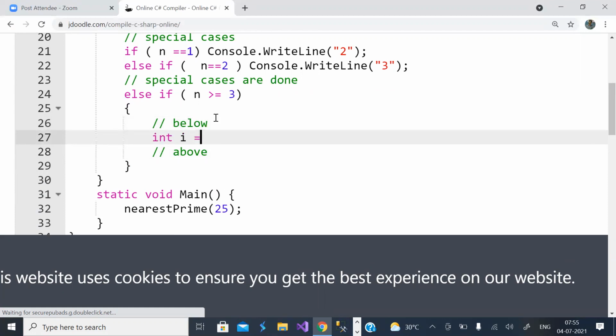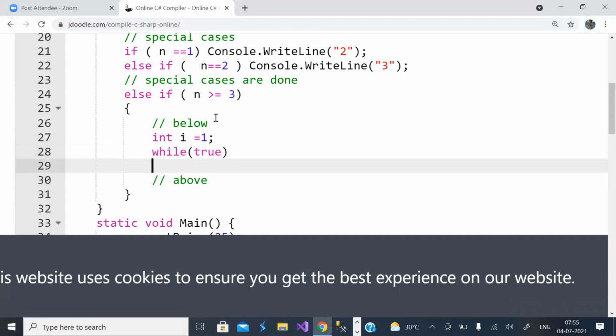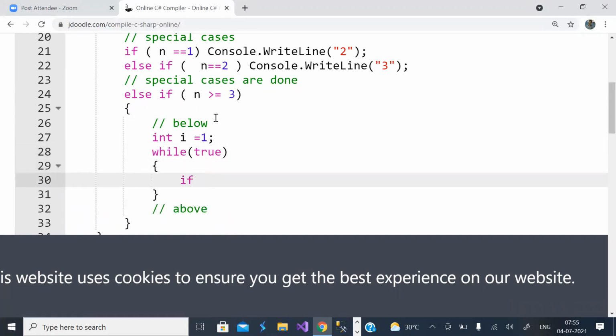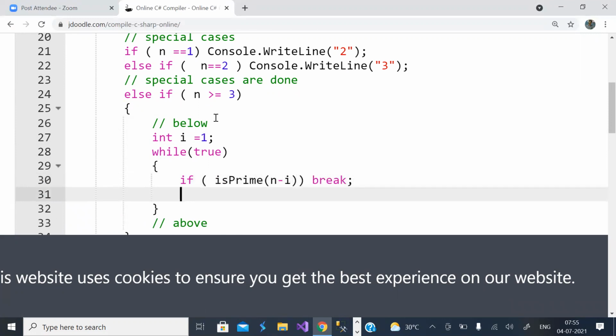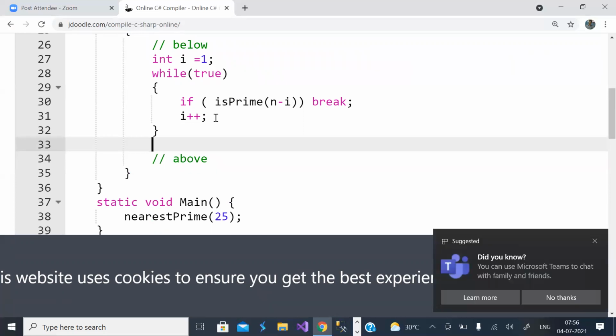Take i equal to 1. Enter into some infinite loop. Check if n minus i is prime. Break. Otherwise, take the next i. Okay. Now if n minus i breaks, i is the distance from n to the prime on the left hand side.